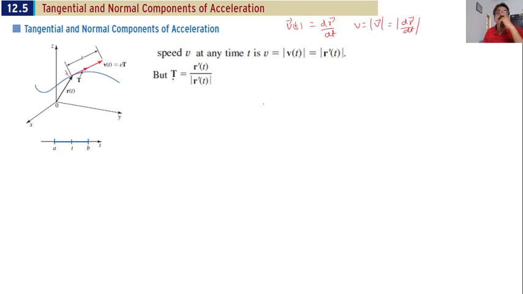Now the unit tangent vector is given by r dash(t) divided by modulus of r dash(t), and therefore the velocity vector v(t) is equal to dr by dt or r dash(t), and from this expression r dash(t) you can write as T, the unit tangent vector, into modulus of r dash(t), and modulus of r dash(t) is the speed, and therefore the velocity vector v(t) you can write as v into T. So that is what we have shown here. Velocity vector at any instant t is given by v into T, where v is the speed of that object and T is the unit tangent vector at that point.